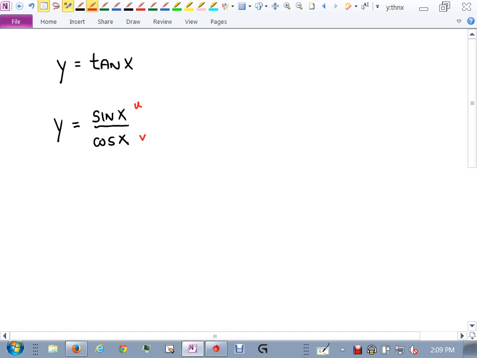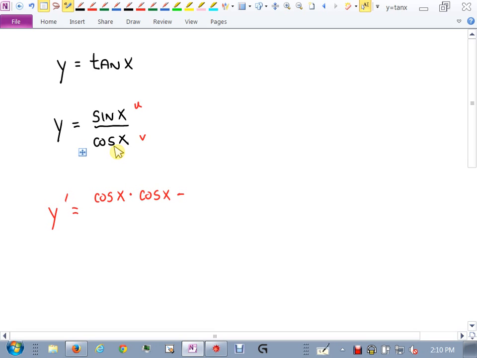Okay, according to the quotient rule, the derivative of this will be the derivative of u, right, which is cosine x, times v, which is cosine x, minus the derivative of v.